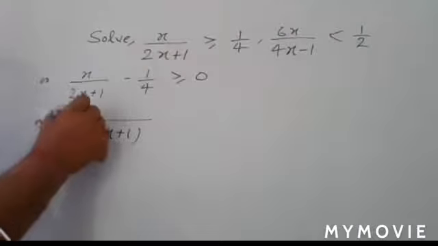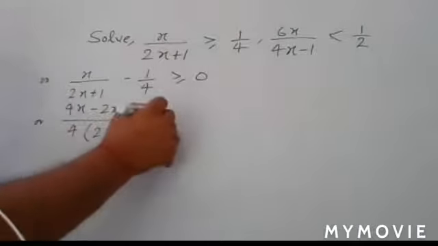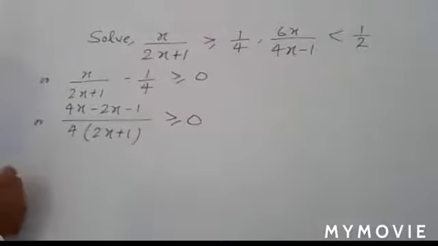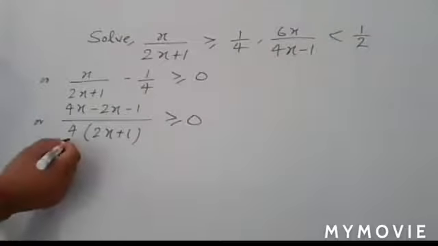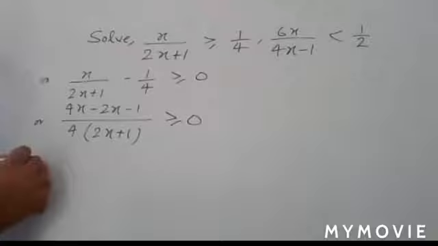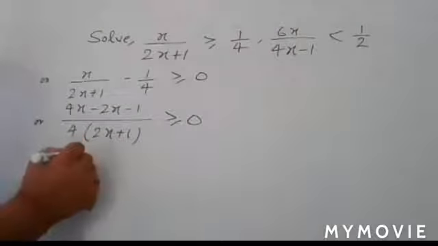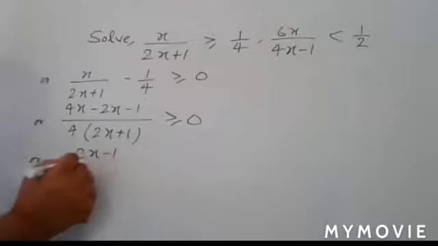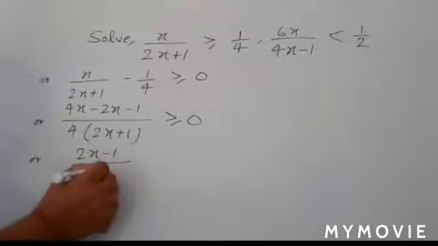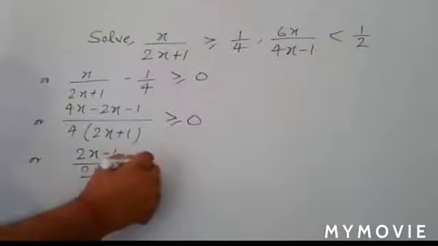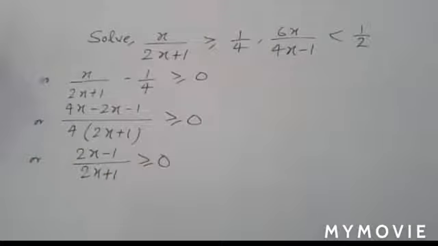So 4x minus 2x minus 1 greater or equal to 0. So here you have 4, so that is cancelled. So you have 2x minus 1 upon 2x plus 1 greater or equal to 0.